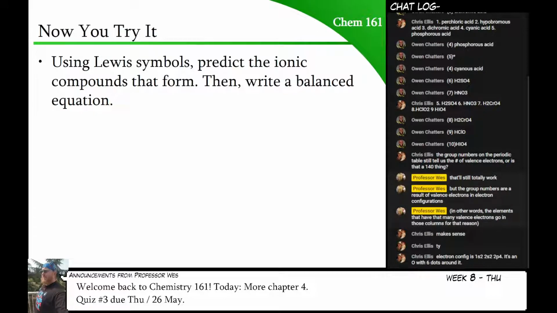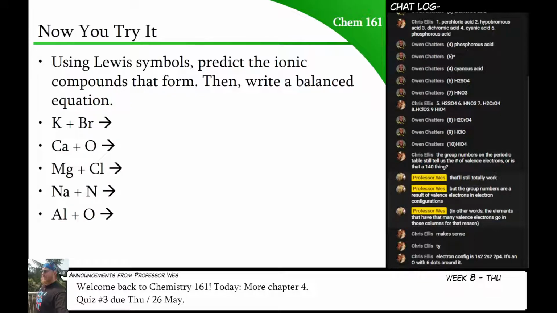So what I want you to do is, based on what you remember from Chapter 3 or Chem 140, you should know what ionic compounds would form if I were to mix ions of these things together. But you can also justify it now using a Lewis structure. So draw the Lewis symbols for each of the elements.